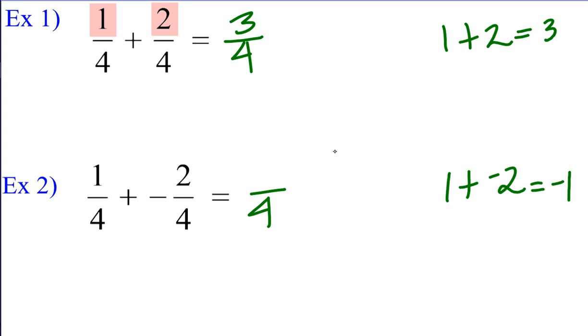How do we know this? Well, when we have 1 positive and 2 negatives, we can create a zero pair with opposite signs. So we can see that there is 1 extra negative, so our net result is -1. We're going to take that -1 and put it in the numerator. So our answer to this particular problem is -1/4.